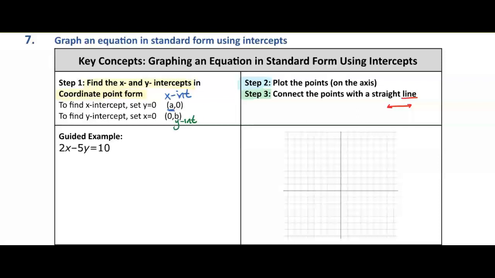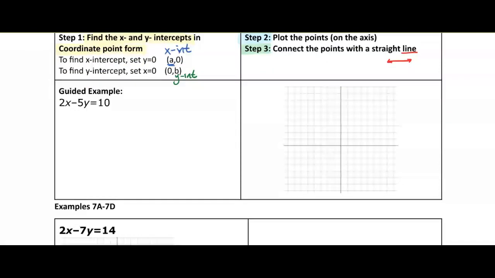Okay, so we're going to work an example here together. For step 1, we need to find our x and y intercepts. So I'm going to split our work area up for an x-intercept and a y-intercept. There's something I can do to help myself think about the goal I'm trying to get to.